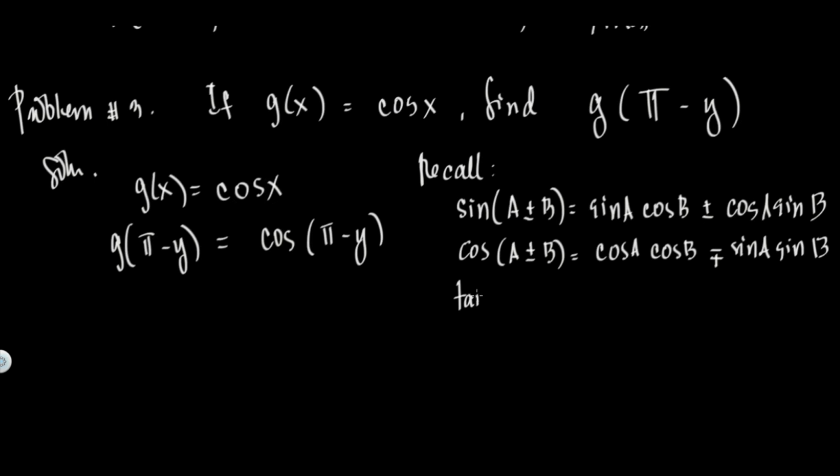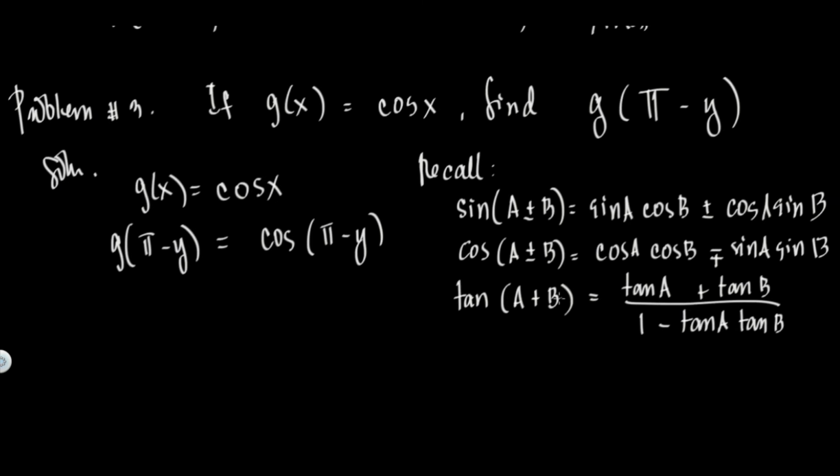How about the tangent A plus B? Tangent A plus B is equal to tangent A plus tangent B all over 1 minus tangent A tangent B. Kapag ito ay negative, tangent A minus B equals tangent A minus tangent B, ito magiging negative, ito magiging positive.